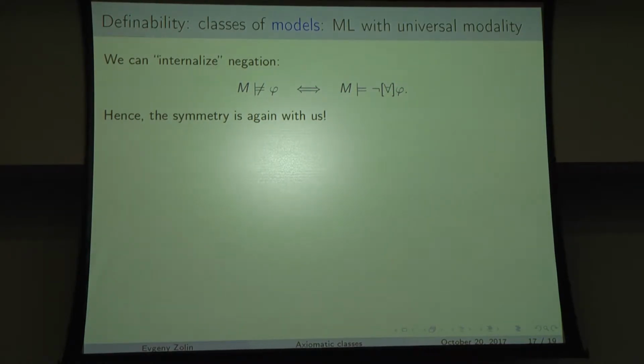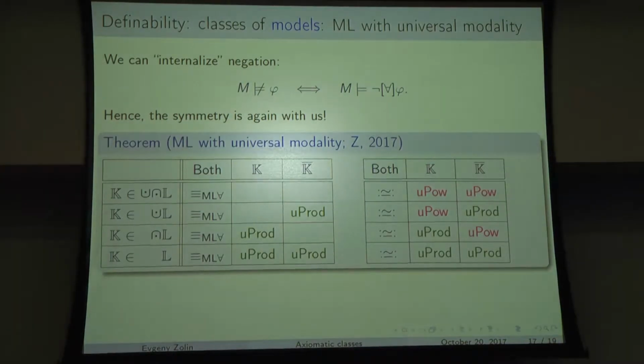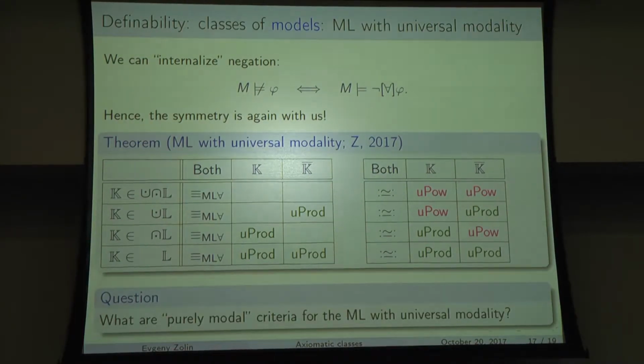So the symmetry is again with us, and we easily obtain criteria for all four lines for the modal language with the universal modality and for classes of models. But these criteria use ultraproduct, a non-modal operation. So the open question is, can we do this purely modally, in terms of Evgeny?